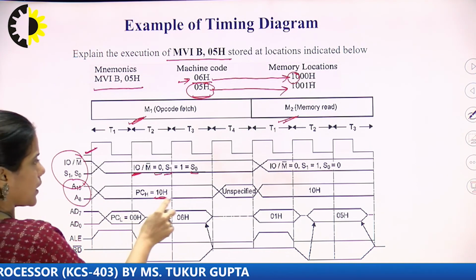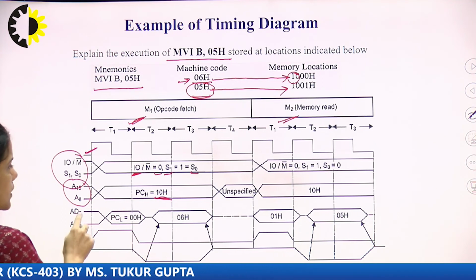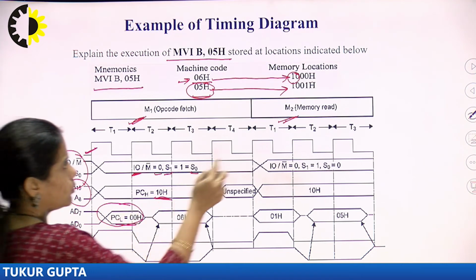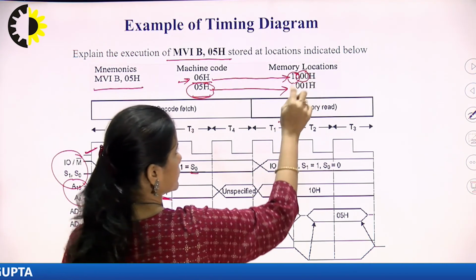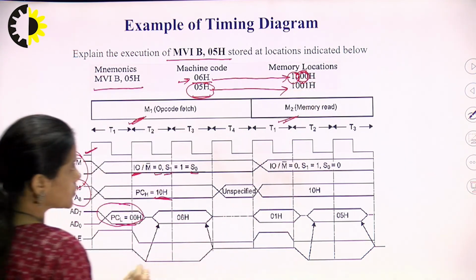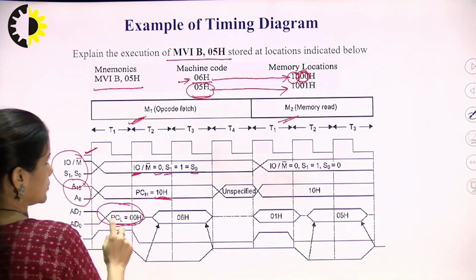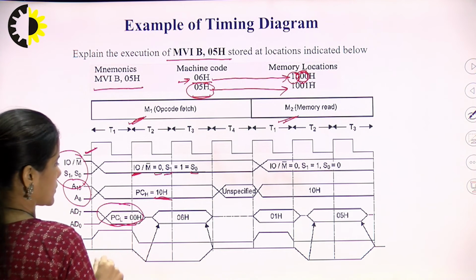So 10 is carried by this higher order address bus, and the lower order address bus is multiplexed during the T1 state, and it is carrying the lower order address, this 00 part, last part. So this last part is carried by this lower order address bus.